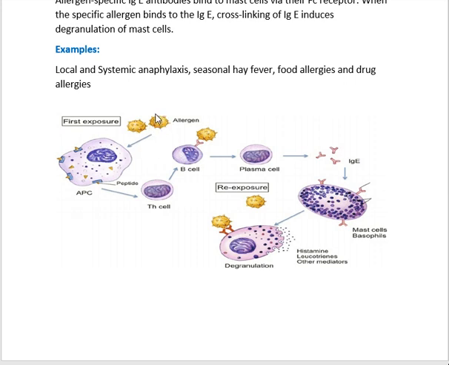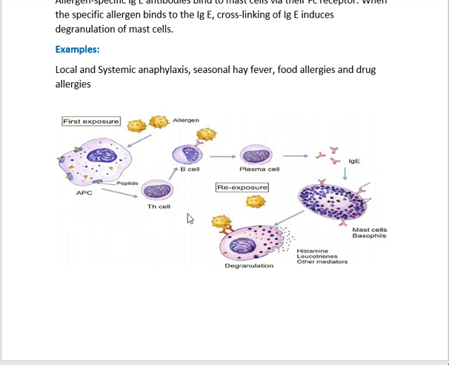Upon the initial exposure, that means when an allergen enters the host, the antigen presenting cells along with the antigen stimulate the B cells, and the B cells get into plasma cells and produce specific IgE with the help of T cells.